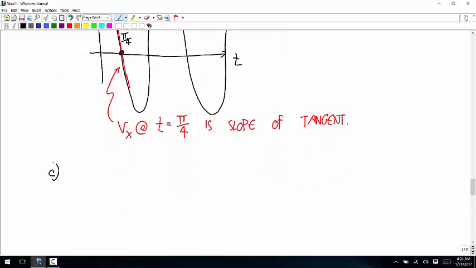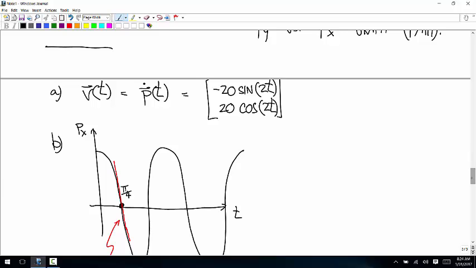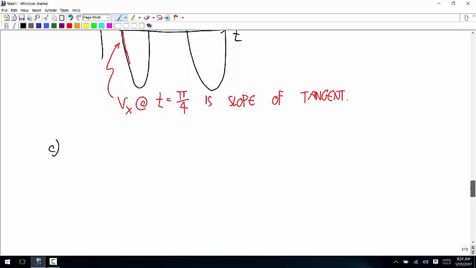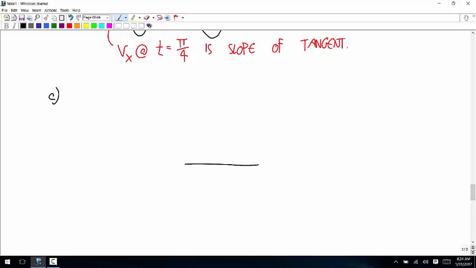Okay, part C. Now we're going to do the same thing with the y component. So we want to show the y component of the velocity on a py versus time graph. So here's py, here's time.